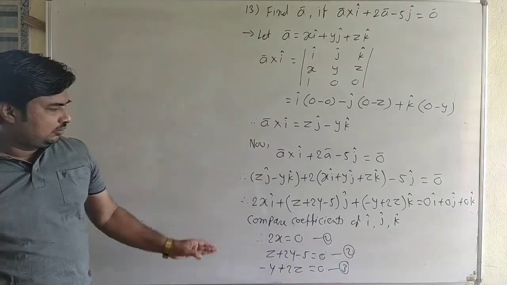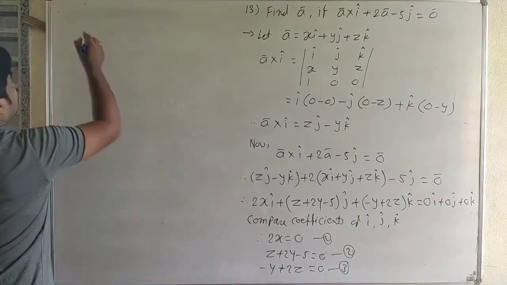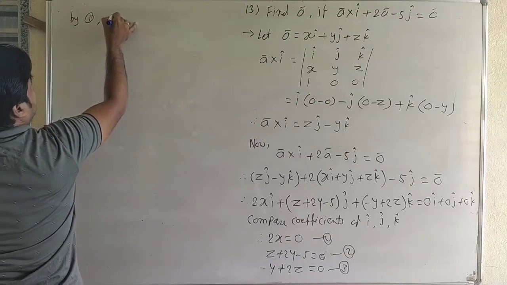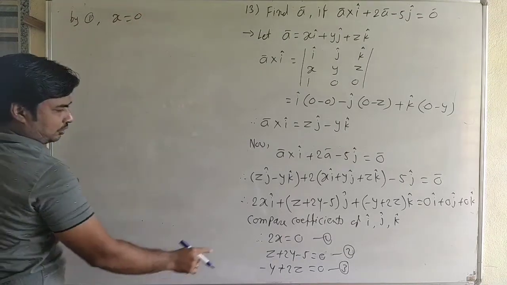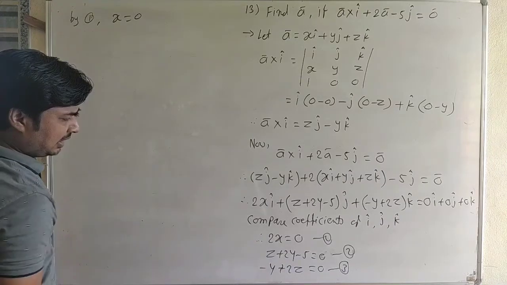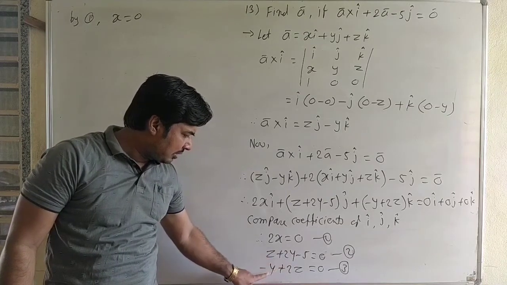Now these are the three equations. We solve these three equations and find the value of x, y and z. Therefore by 1 we get x is equal to 0, because 2x is equal to 0. Now here in equations 2 and 3, it is plus 2y and it is minus y.